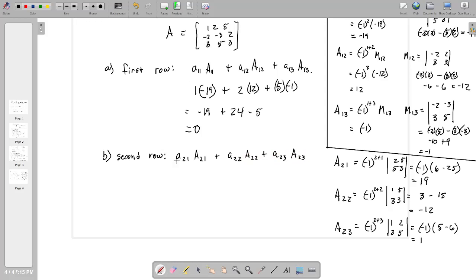So a sub 2,1 will be negative 2 times the cofactor a sub 2,1, which is 19, plus a sub 2,2, which is negative 3, times the cofactor a sub 2,2, which is negative 12, plus a sub 2,3, which is going to be 2, times the cofactor a sub 2,3, which is 1. So here this is negative 38 plus 36 plus 2. Negative 38 plus 36 is negative 2. Negative 2 plus 2 is 0.